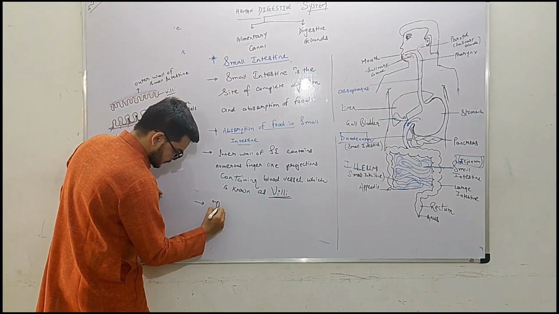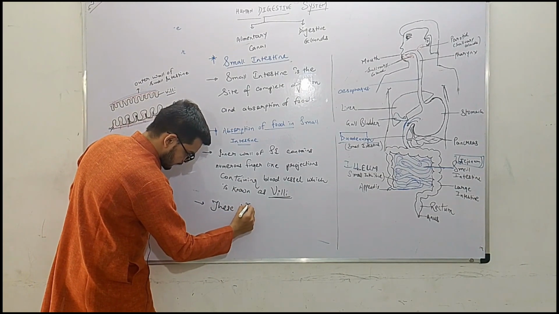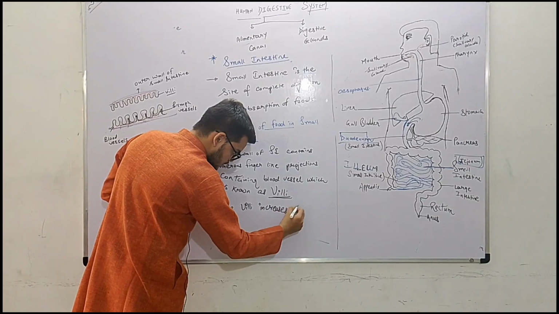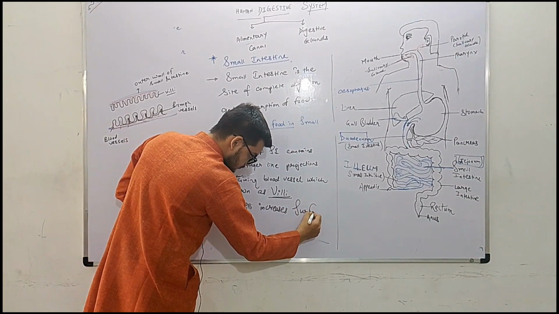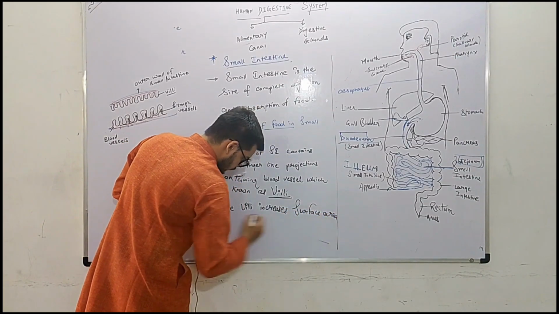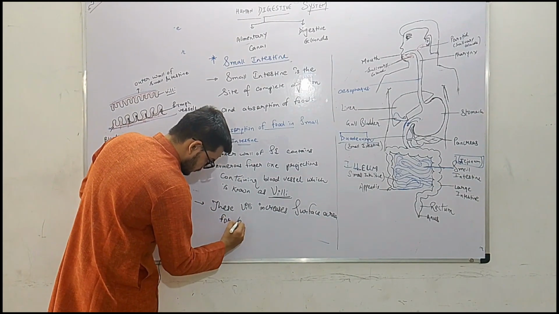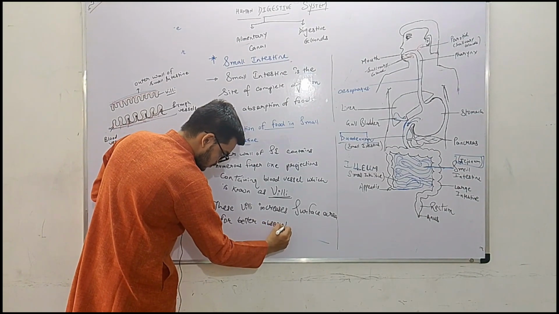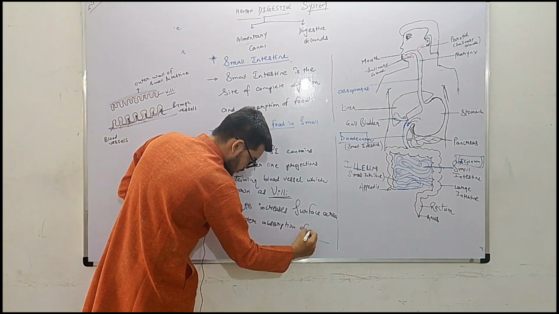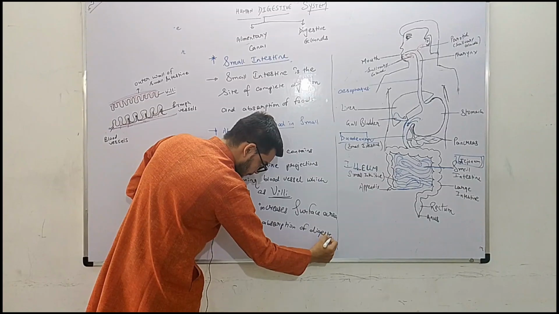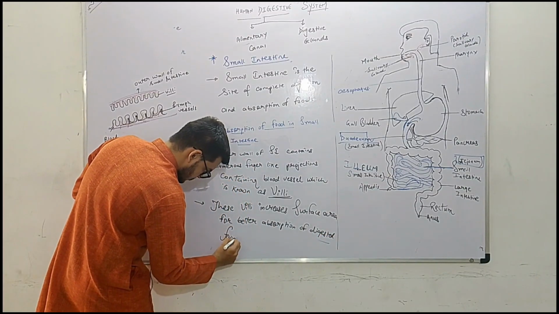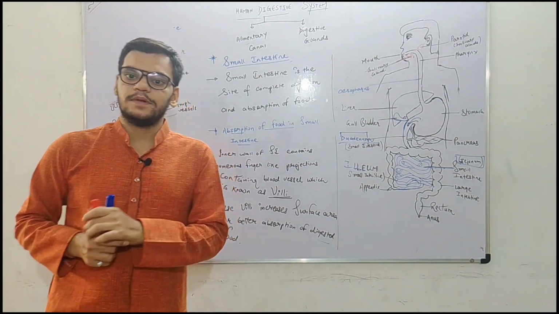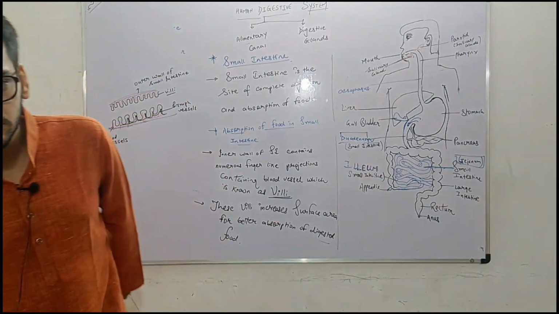This villi increases surface area for better absorption of digested food. So that is how digestion and absorption of food takes place in the small intestine.